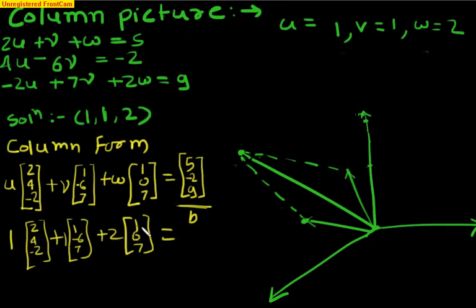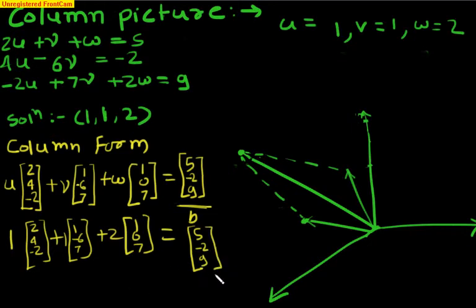Adding, 2 plus 1 plus 2 into 1 means equal to 5. 4 minus 6 plus 0 means minus 2. Just a second, bad handwriting. You calculate it, the answer will be this. Cross check it.